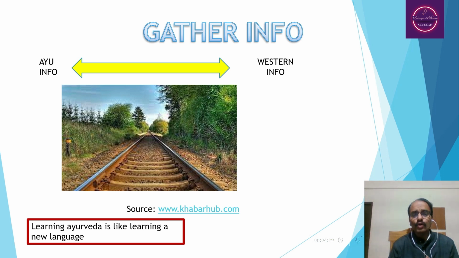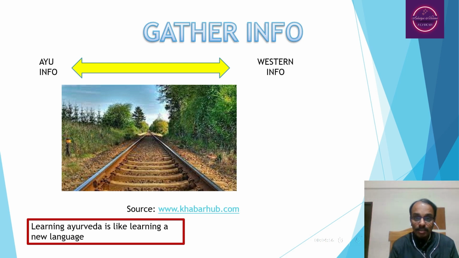Next, whenever you are learning, Ayurveda information should be in the Ayurveda way, Western information should be in the Western way. Then, from a regular point of view, if you are trying to club the two of them together, and you are able to connect them at multiple levels, then it indicates you are moving in the right direction.